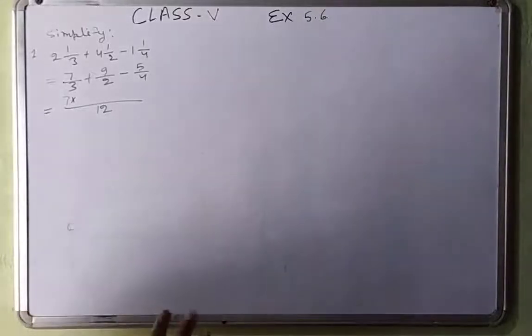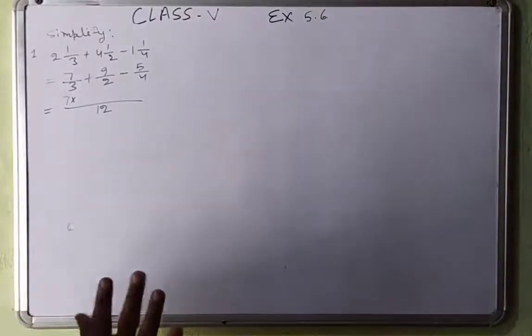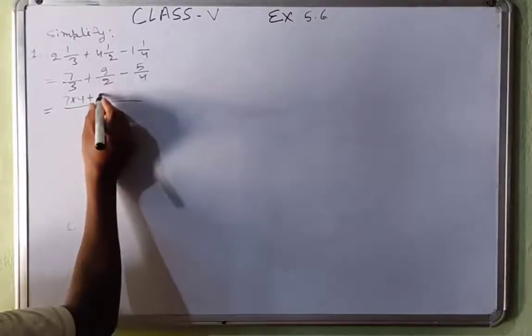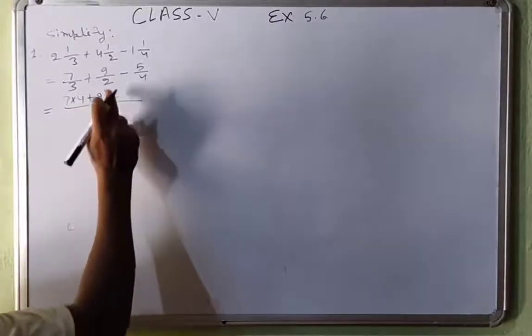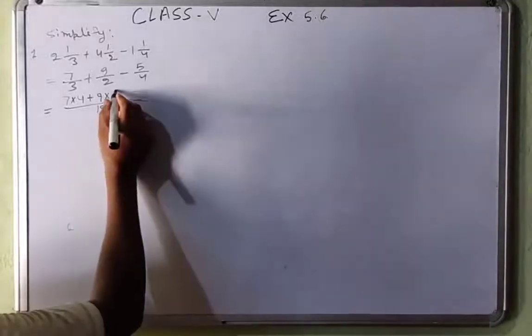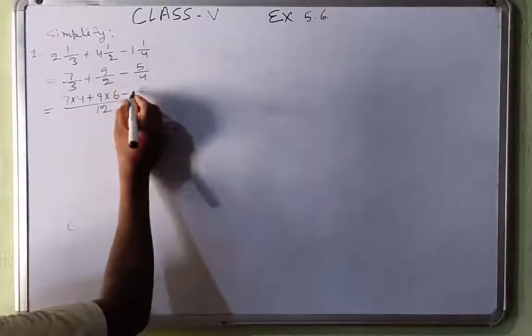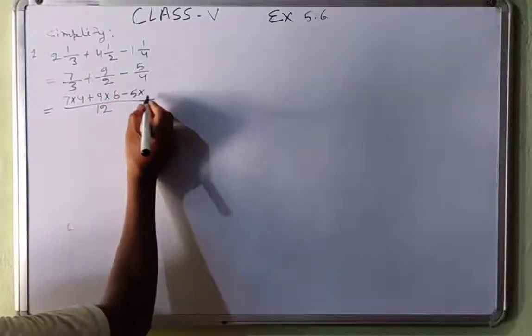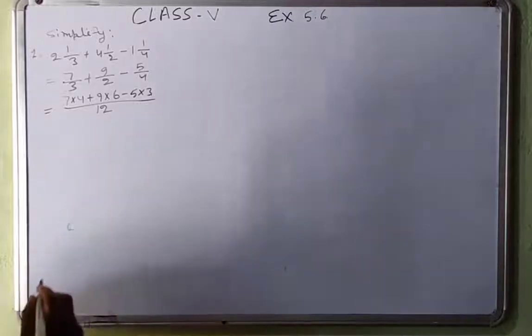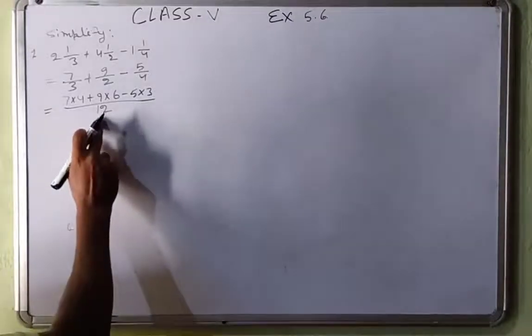So 3 fours are 12, so that will become 4, and then plus similarly 9, and then multiply, read the table of 12. So 2 sixes are 12, minus 5, multiply that by 4, read the table of 4, 4 threes are 12. So that is coming in the table.